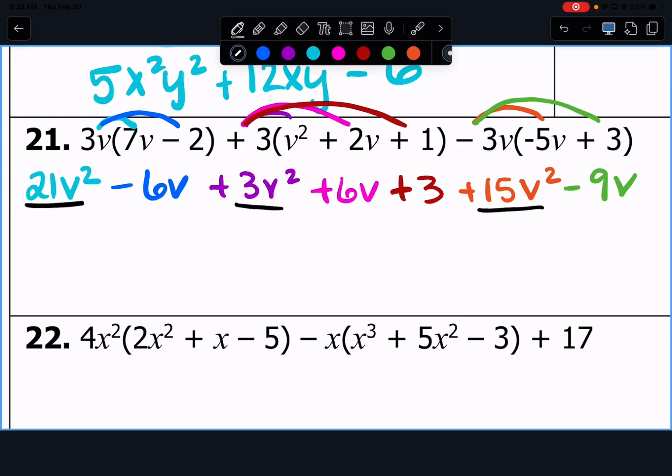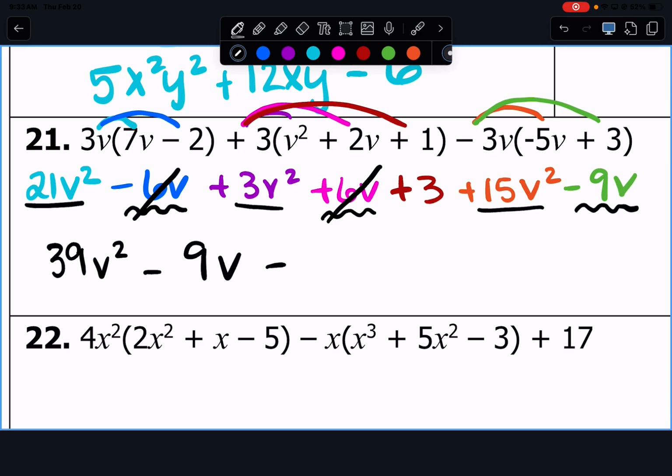I got 39v squared, minus 9v. How do you get the minus 9v? What terms did you combine to get there? I canceled out my 6v and negative 6v, and I dropped down the 9. Yep, because effectively negative 6v and positive 6v cancel out, and we get negative 9v plus 3.